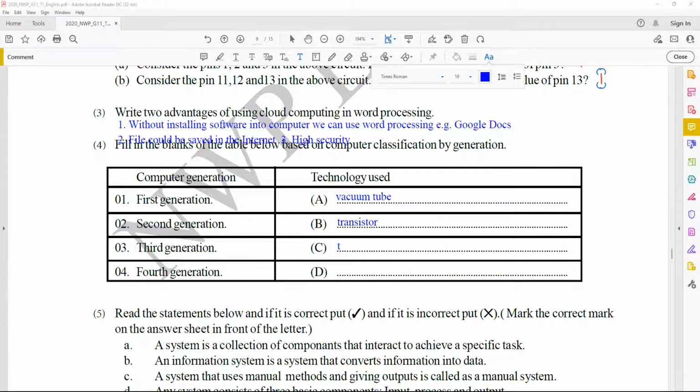What is the technology we have used? Third generation: IC, we can say integrated circuits. Fourth generation: microprocessors.